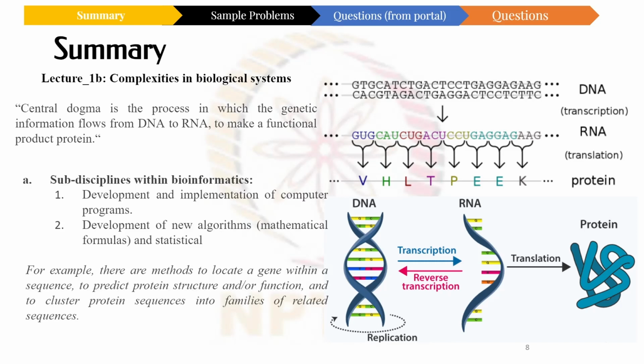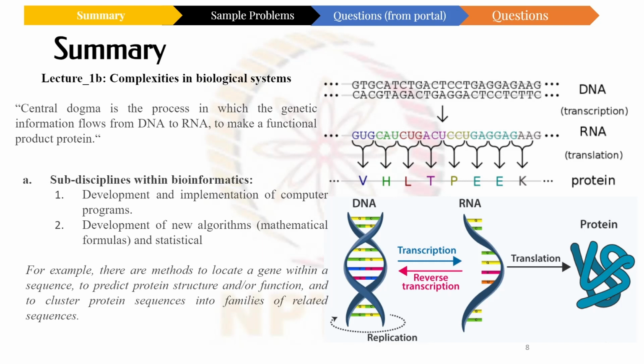Okay, subdisciplines within bioinformatics. It being interdisciplinary, bioinformatics is itself multidisciplinary as well. It has various subdisciplines which deal with biological data analysis, interpretation, and application. First is genomics, which deals with the study of the entire set of genes within an organism, or a genome. Next comes proteomics, which similarly involves the study of the whole set of proteins.